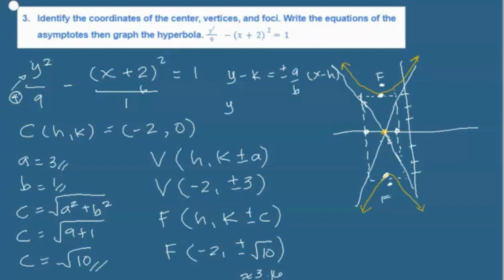So y minus 0 is equal to plus or minus a over b, so 3 over 1, that's 3, times x minus -2, so it's plus 2. So the final equation of our asymptotes would be y is equal to plus or minus 3 times (x plus 2).